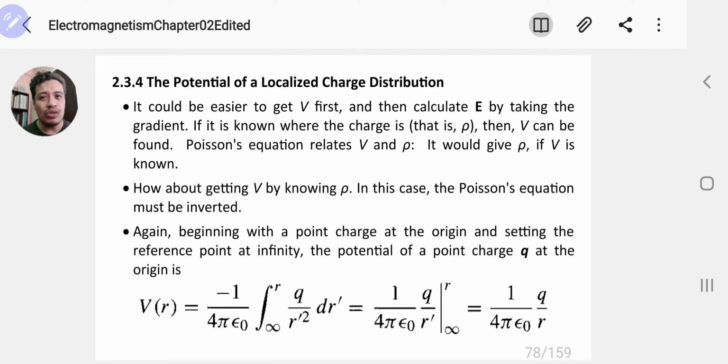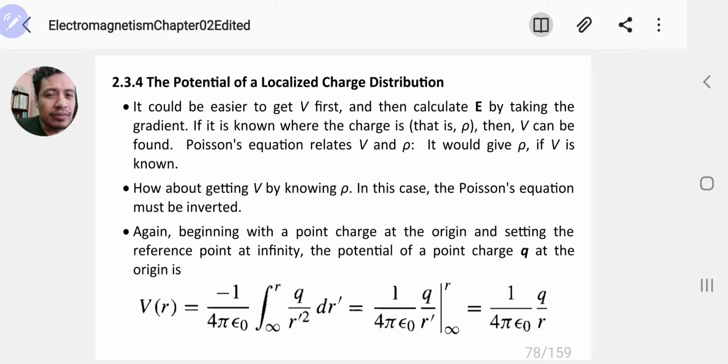The universe will not affect that system. Before, we calculated the electric field, but now it could be much simpler to start with calculating the electric potential first.